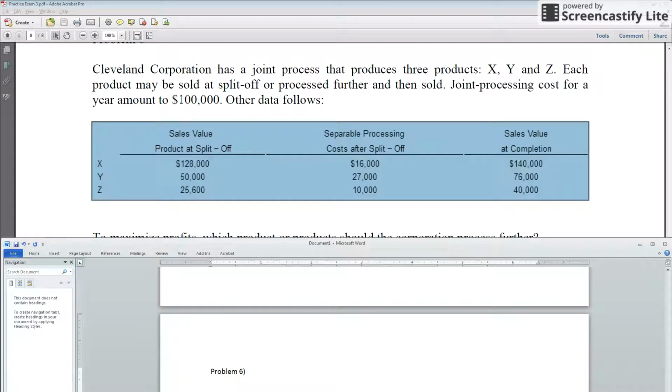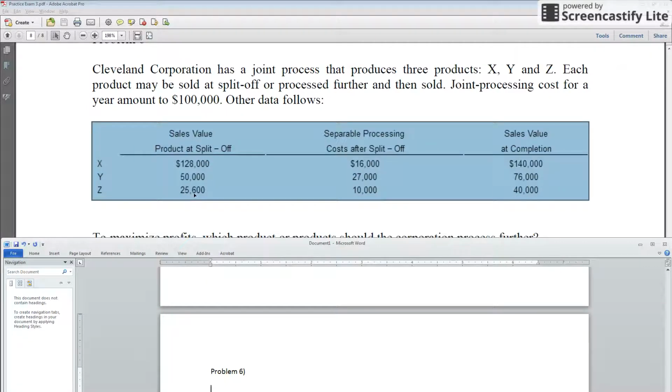As soon as we split all of those products from the raw material, we can sell it. If I sell the X after the split off, I will earn 128,000. If I do Y, I will earn 50,000, and Z for 25,000 or something.